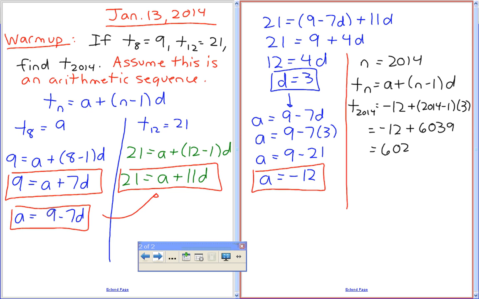Sorry, that's just a test for myself. It's for the internet. I have a 3-week-old baby at home, so my sleep is approaching 0. Here we go. Therefore, the 2014th term is 6,027.